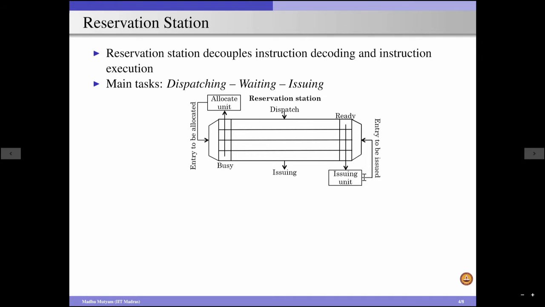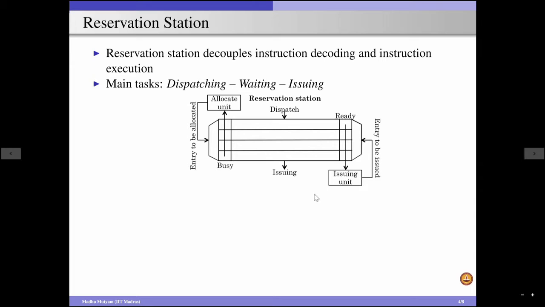Instructions will be waiting in the reservation station to be selected by the issue unit, and we know that each instruction will have two source operands. If both the operands are ready, then we set the ready bit associated with that particular entry. The issue unit is always going to scan through all the ready bits of these entries in the reservation station, and it can select one instruction from all the ready instructions, and this selected instruction will be issued to the functional unit.